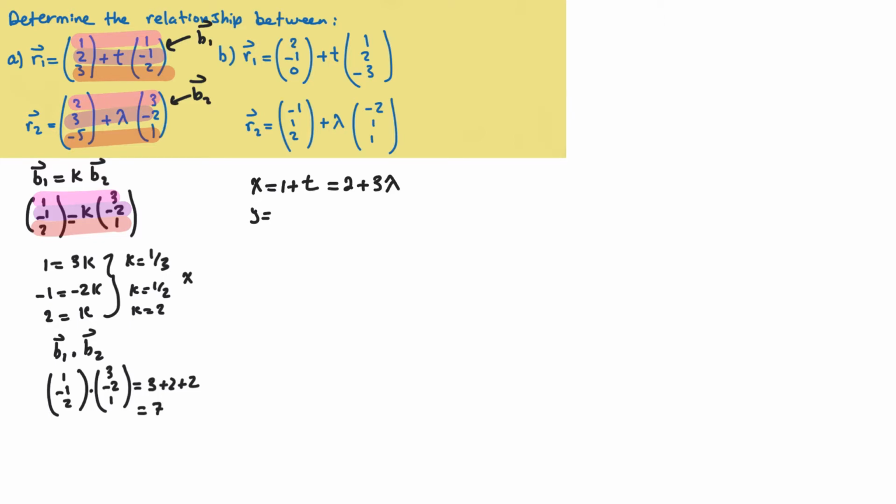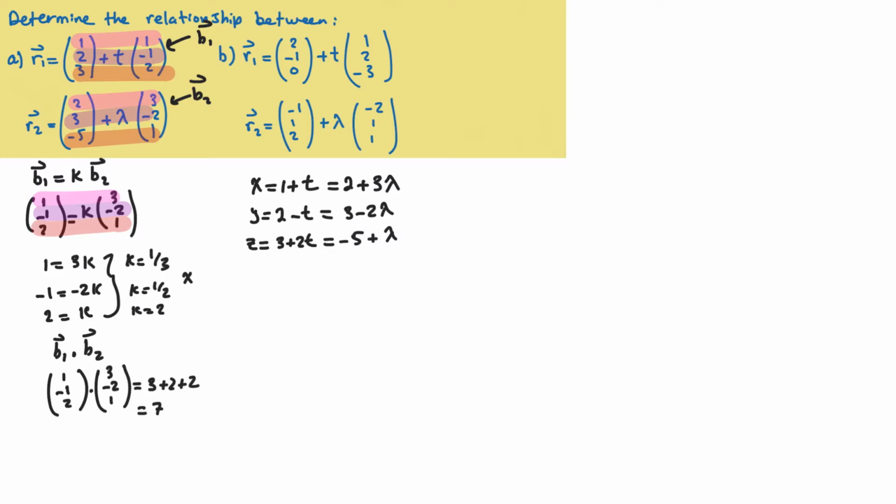For y, it is equal to 2 plus t times -1, and for r2, it's equal to 3 plus -2 times lambda. And for z, it's equal to 3 plus 2t for the first line, and for the second line, it is -5 plus 1 times lambda, which is just lambda.